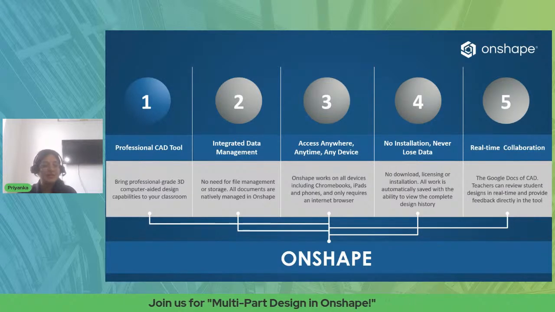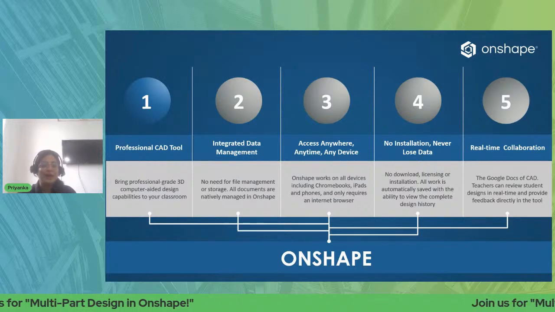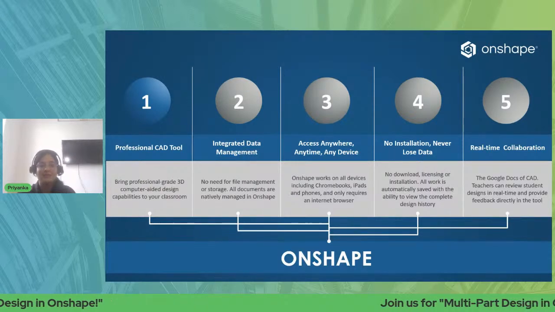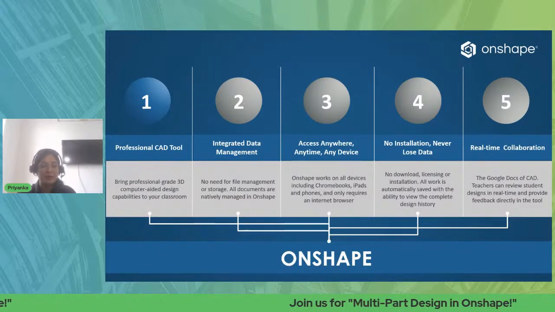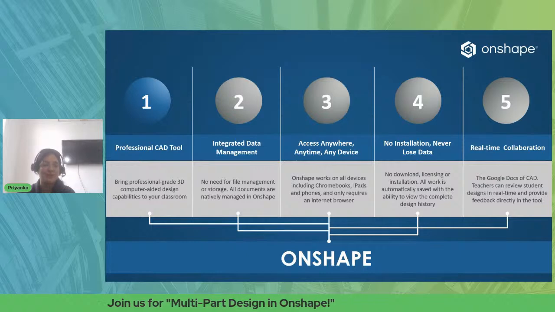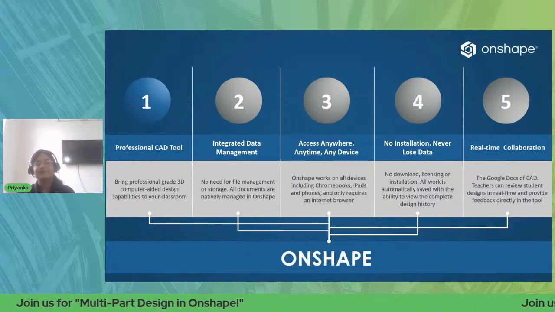That's the best part about Onshape. You don't need any installation. You just need a web browser and an internet connection to access Onshape and have your cloud CAD running.